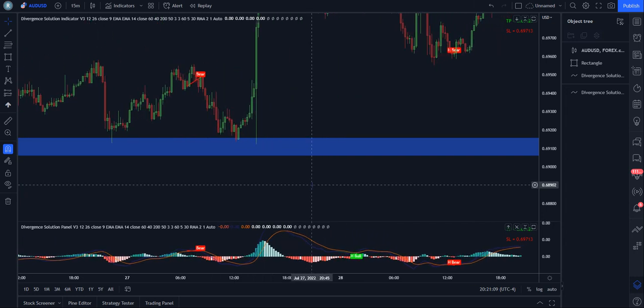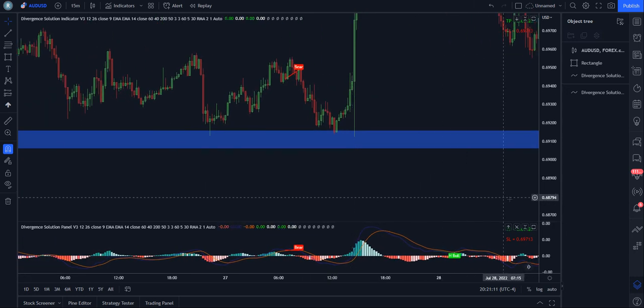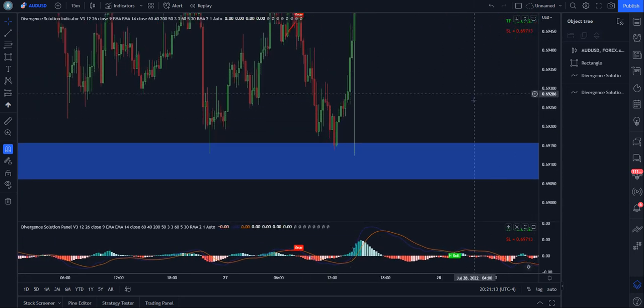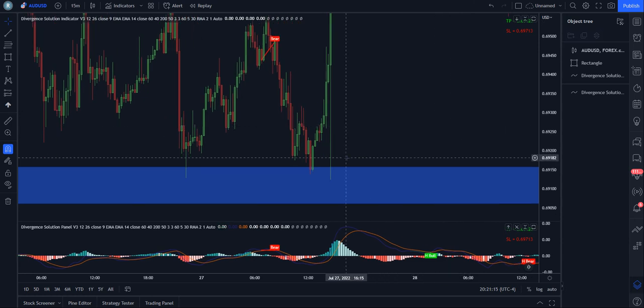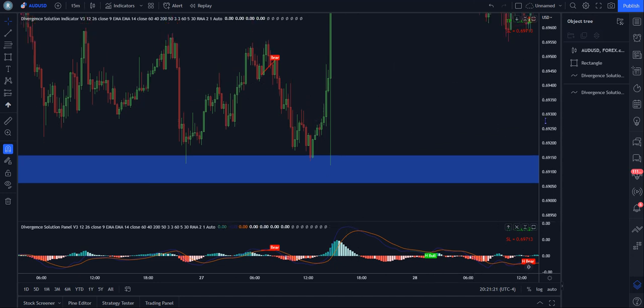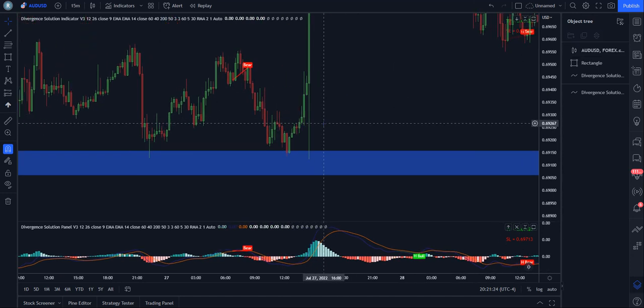But depending on your risk and how you want to trade it, you can allow for 2 or 3 touches of a valid supply or demand zone before it becomes irrelevant. For instance, if it touched here and wasn't able to break this high, I would have gotten this off of my chart and probably would have started having a bearish bias.